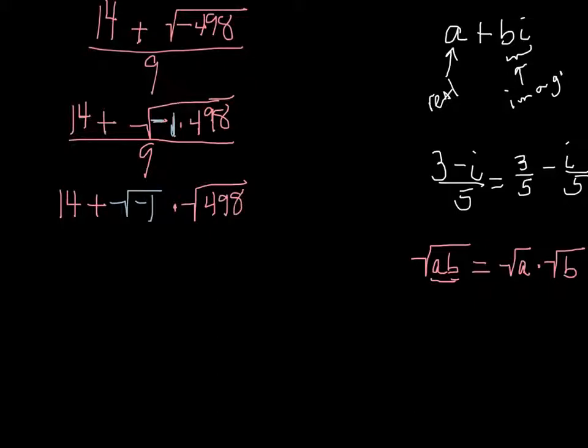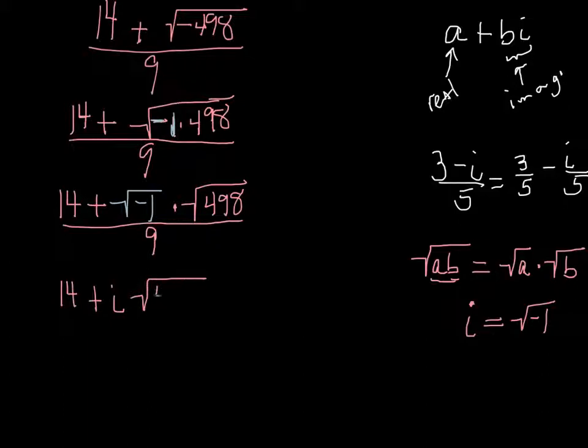Because we couldn't simplify that anyhow with that negative 1 under there. We had to pull it out first. So as we're learning in this section, again, I is equal to the square root of a negative 1. So we can now write 14 plus I times the square root of 498.